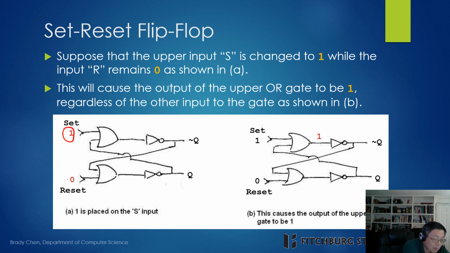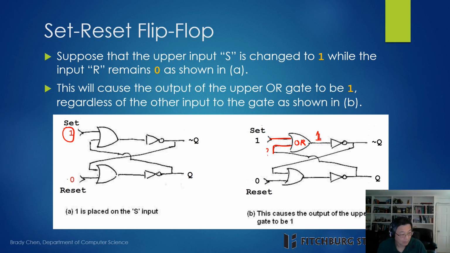This is going to force the output of the upper OR gate to 1. Remember the truth table for the OR gate. If one of the inputs is 1, it really doesn't matter what the other input is, right? The output should be 1.